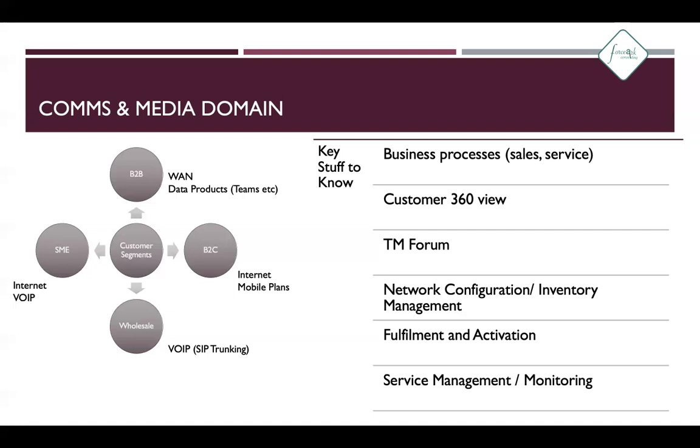And then finally comes the fulfillment and activation. So this basically is the lowest layer in your order journey. So once my quote is converted to an order, the order will actually go through its own life cycle of fulfillment and activation, wherein, let's take an example again of the broadband connection in your area.